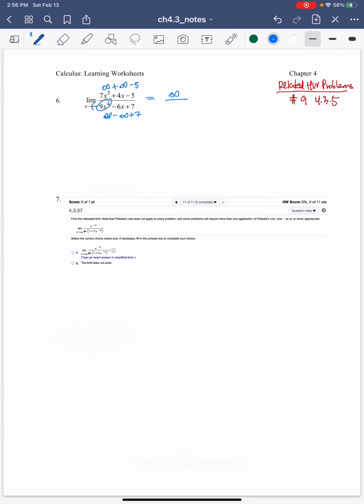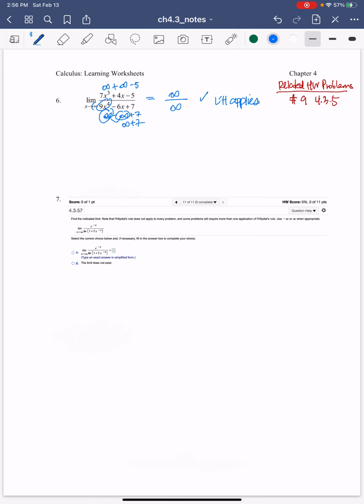So even if we are subtracting, we still get in general some big number plus 7. So I'm also going to get infinity over infinity. So for this one, L'Hopital's rule applies because we get indeterminate form, infinity over infinity.